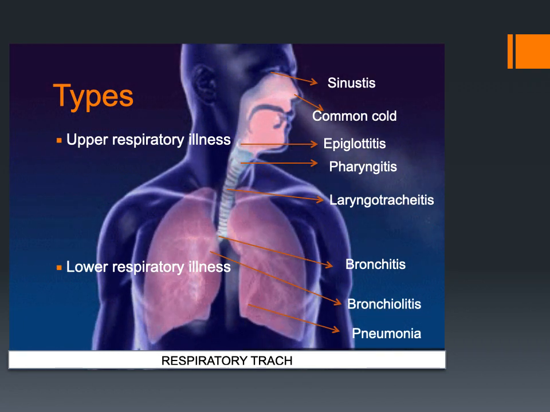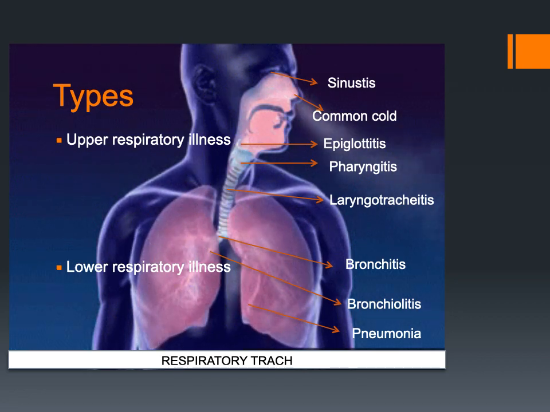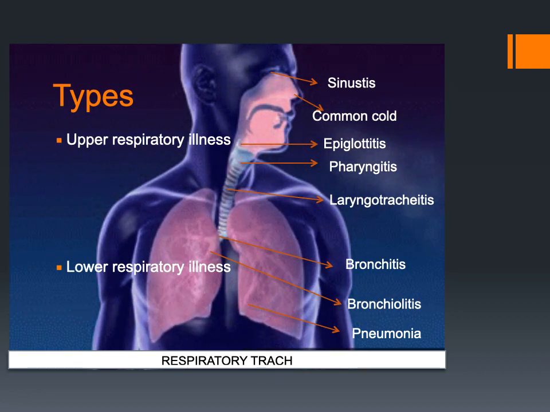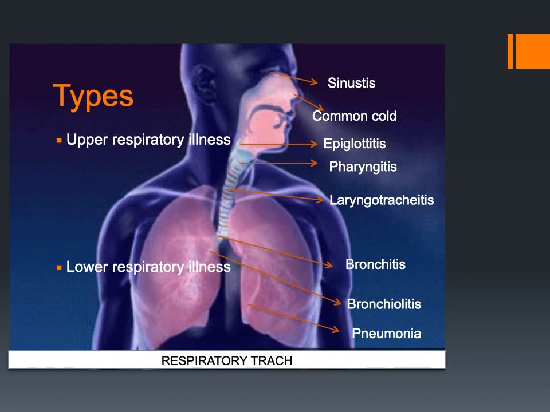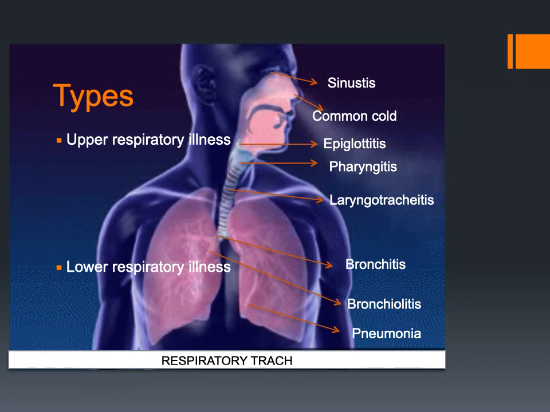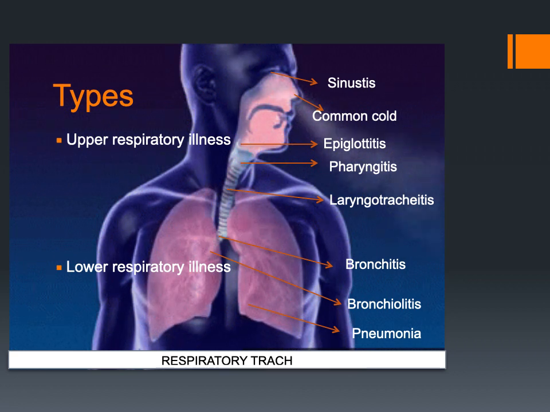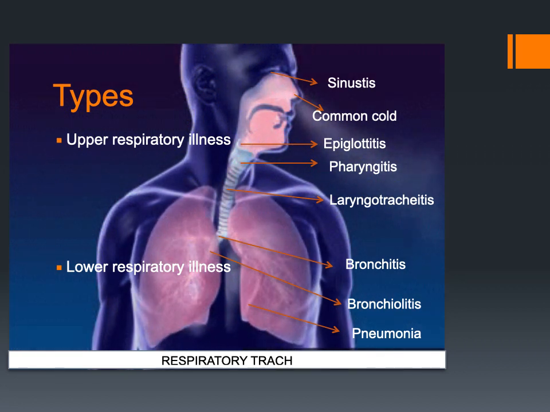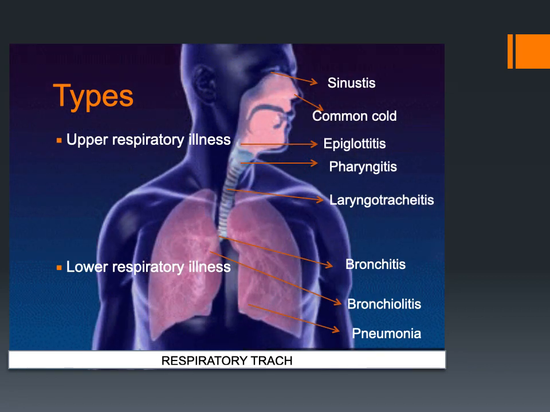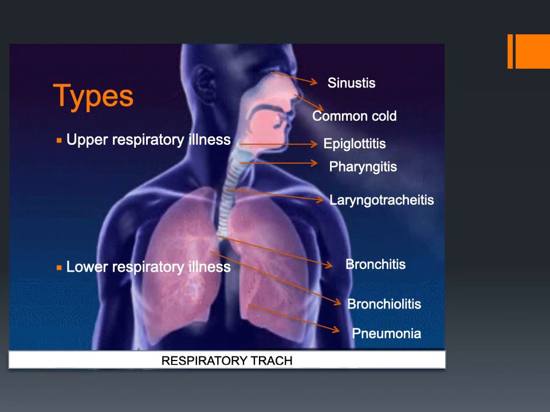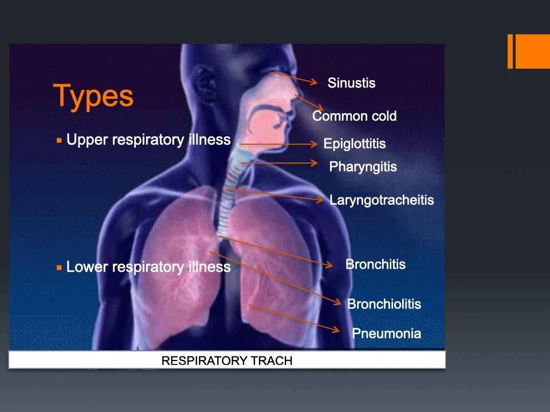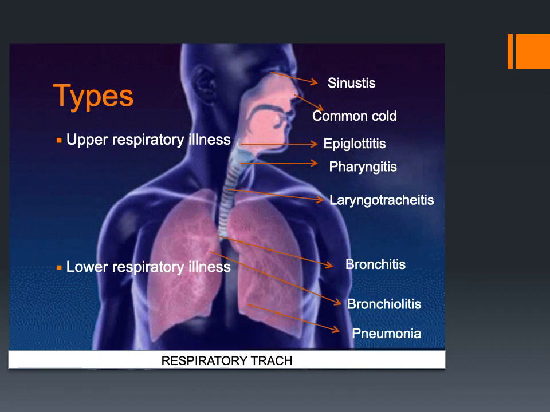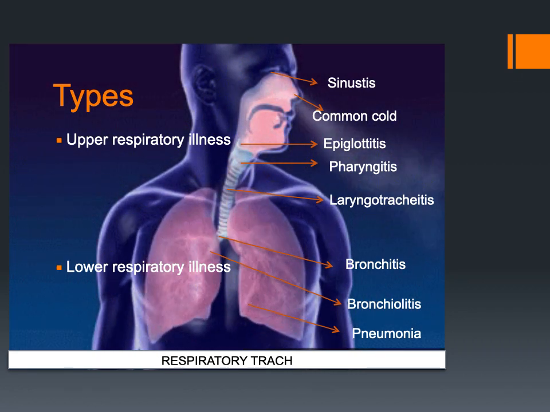In COVID-19, if it is identified in the early stages, if it is in the upper respiratory tract, it is easily treatable by giving antibiotics, and a lot of measures can be taken to treat the disease. But when it crosses from the upper respiratory tract to the lower respiratory tract, that is the stage where the game starts.